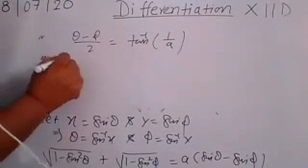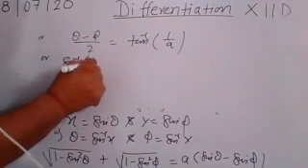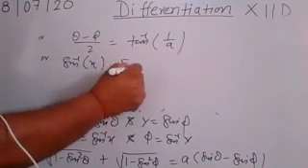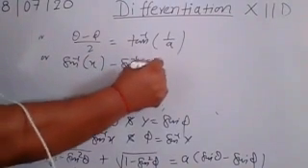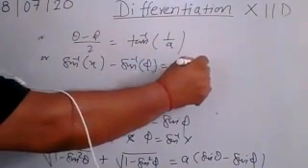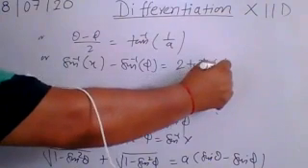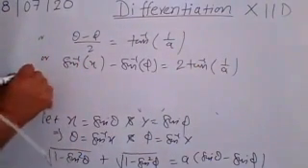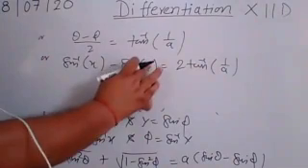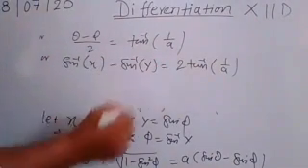Putting the value of θ, you have sin⁻¹x − sin⁻¹y = 2 tan⁻¹(1/a). Here you have y, not φ, so sin⁻¹y.